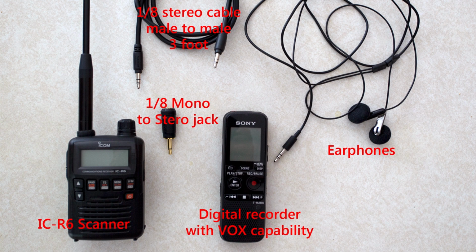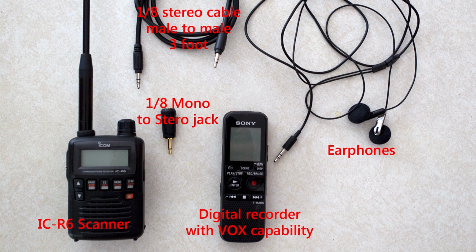Above that I have a 3-foot stereo male to stereo male, and this is used to plug into any kind of recording device that you want. If you're at the air show, it's usually really loud and you can't hear much of that speaker anyway, because you have the speaker comms from the master of ceremonies.